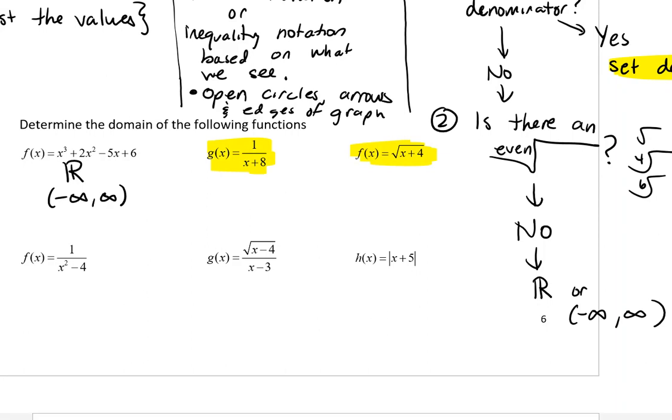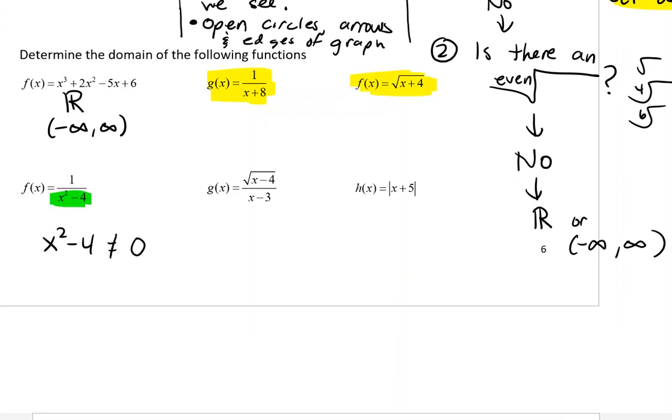All right, so then I'm going to do this bottom row because they're a little spicier. So this f of x, I do have x's in the denominator. Do you see those x's in the denominator down here? So I'm going to set that denominator not equal to 0. Because I have a quadratic here, I might factor it or use some other way.